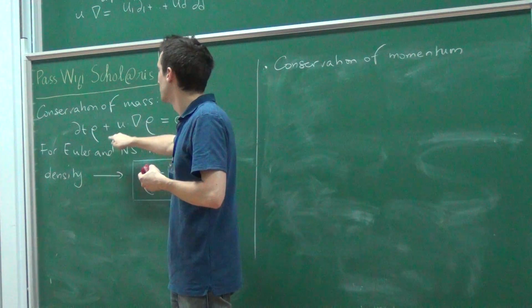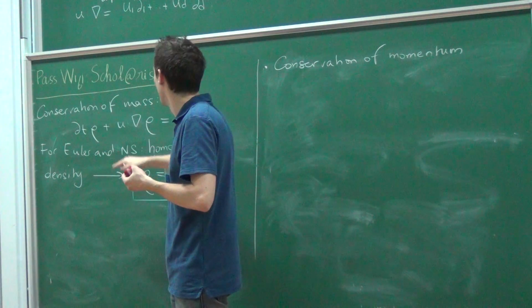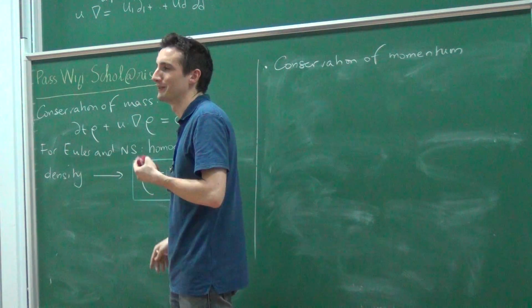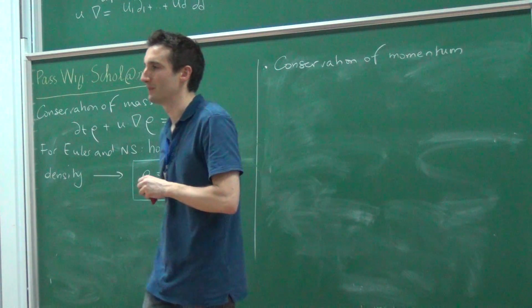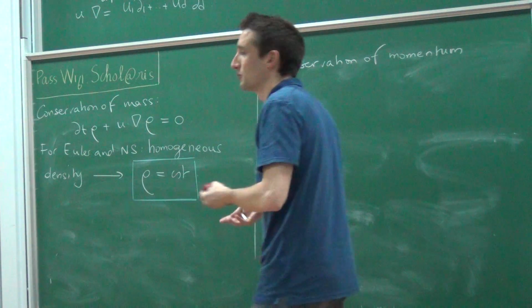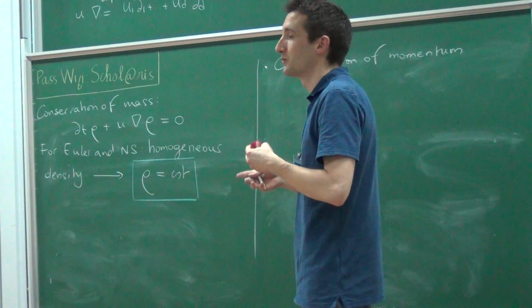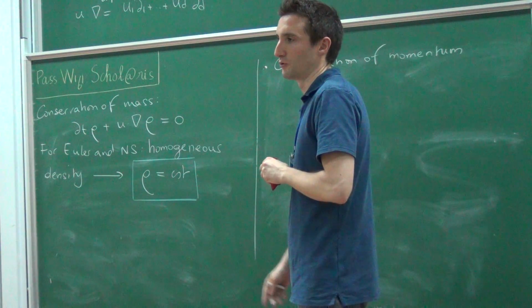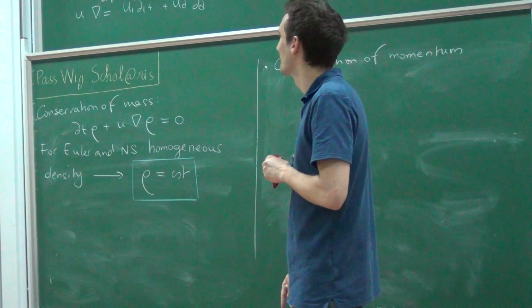So this is an important equation, but it's somehow hidden in the Euler and Navier-Stokes model where you have this homogeneous assumption. But as soon as you lose homogeneity, as soon as you lose incompressibility, then it becomes a crucial equation.